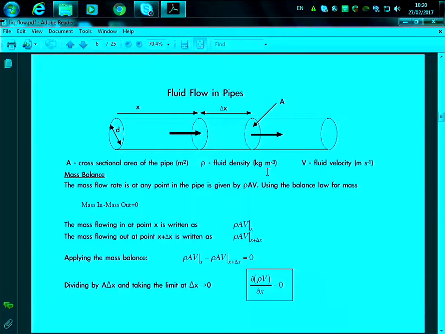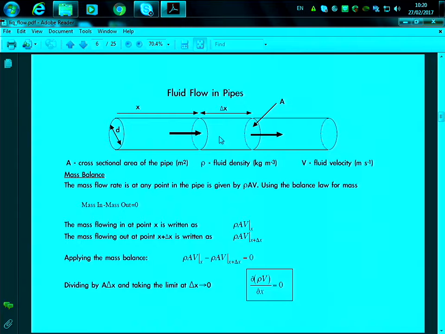Here we have the pipe, and A is the cross-sectional area of the pipe, this area here. Rho is the fluid density, and V is the fluid velocity. This is the diameter of the pipe. Let's say we want to know the momentum from this inlet to this outlet. This is the area we want to study, and that is the distance traveled by the fluid going through the system.